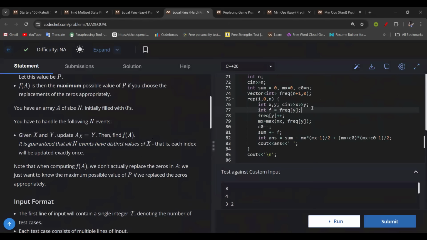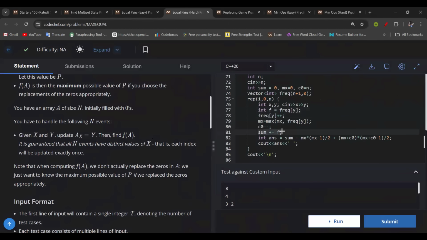So when I am replacing a 0 by some value, I am storing the initial frequency of the value that is going to change. This f is storing the initial f2 that I showed in my example. Now I'm updating this frequency of y plus plus. So before updating, I stored the previous value in my f. Now, as I said, sum plus equal to f.